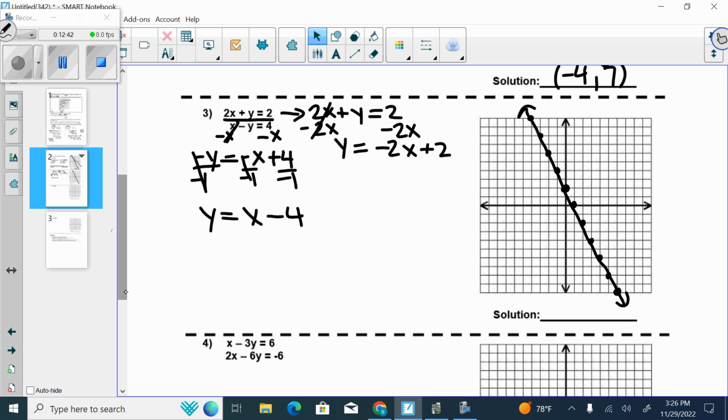So where is this one going to start at? Negative 4. Good. And my slope tells me we're going to go where? Nice. All right, so do our two lines cross this time?